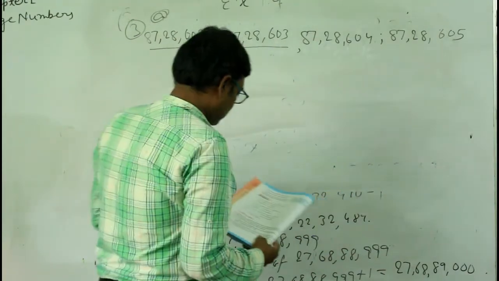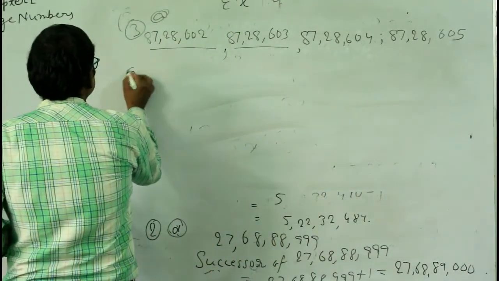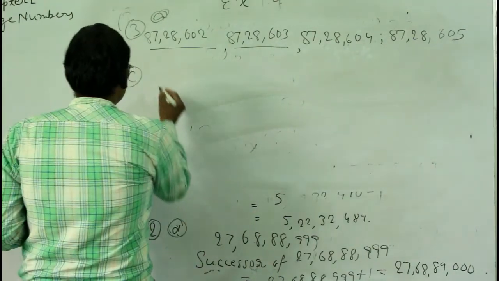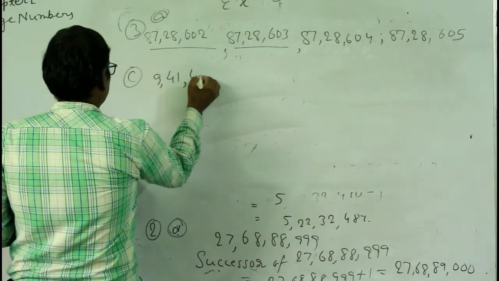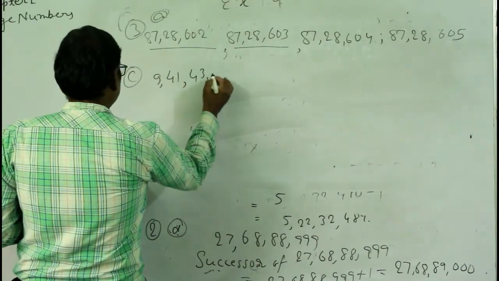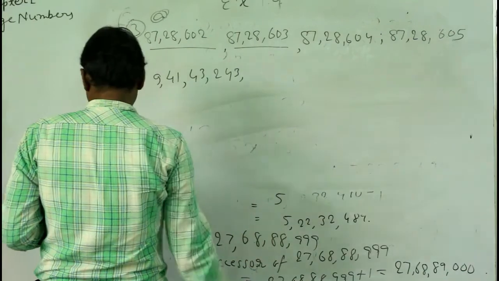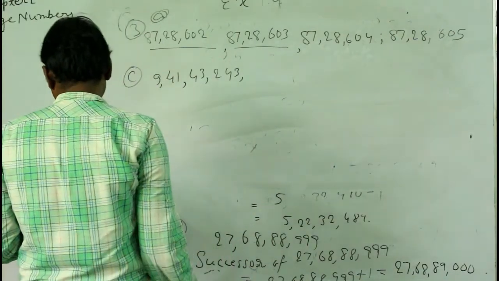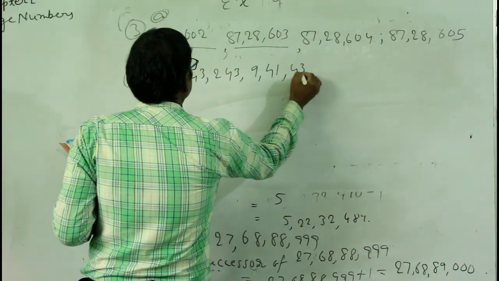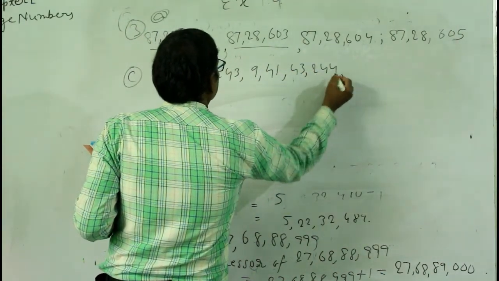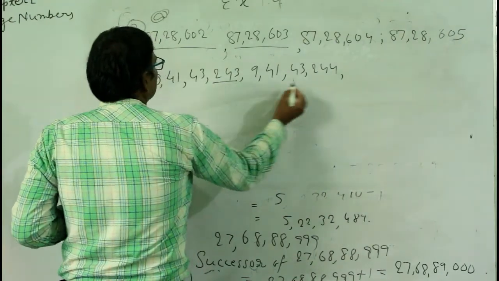I will do one more, C. In this case, the number is 941 and 43 and 243. The next number is 244. Again, the same thing: 941, 43, 244. See that here it is 243 and 244.